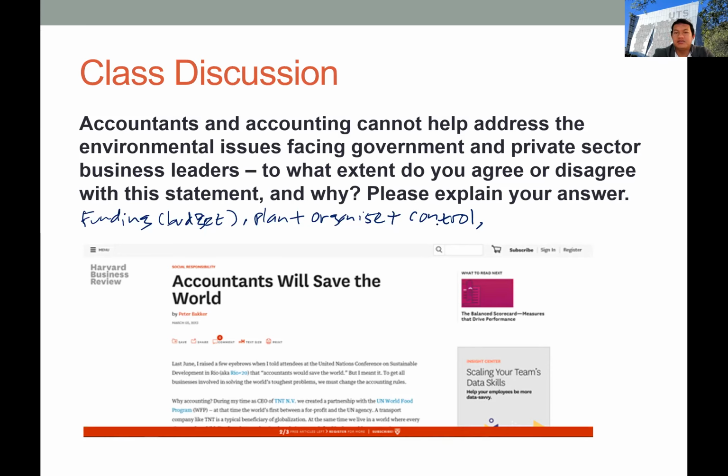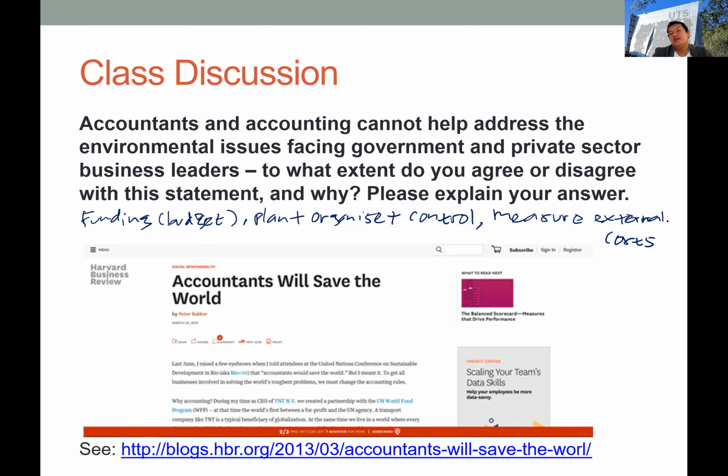So basically, accountants can help in measuring the external costs, to help the scientists with sufficient data or information for their research. So accountants still can contribute to the process of addressing environmental problems or issues.